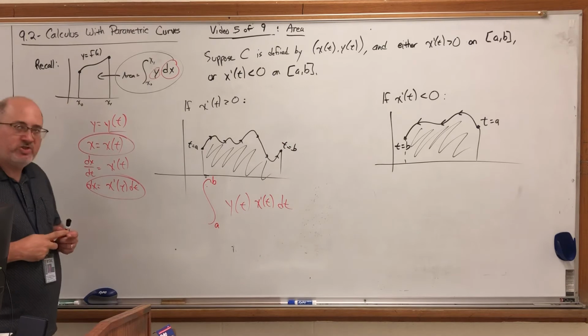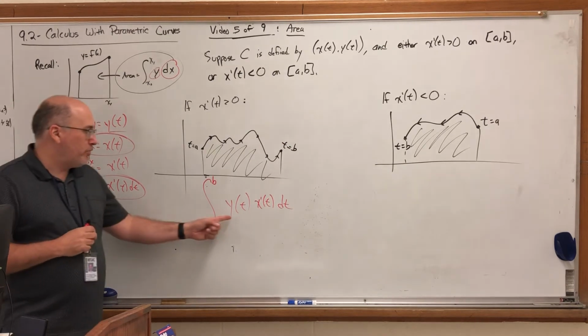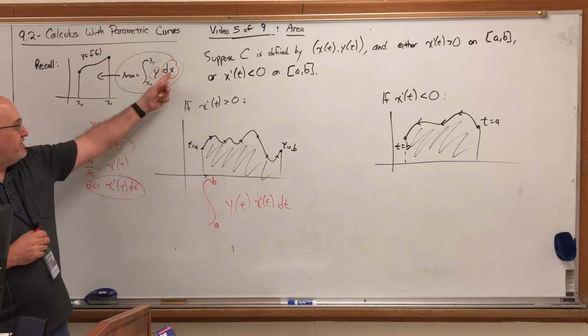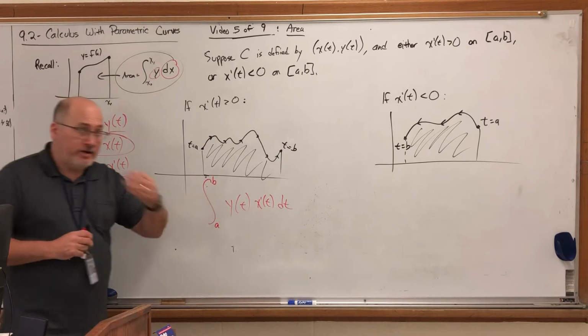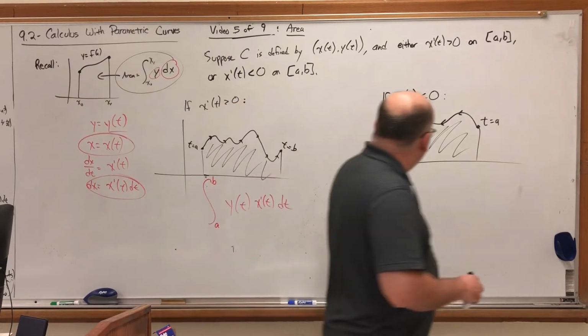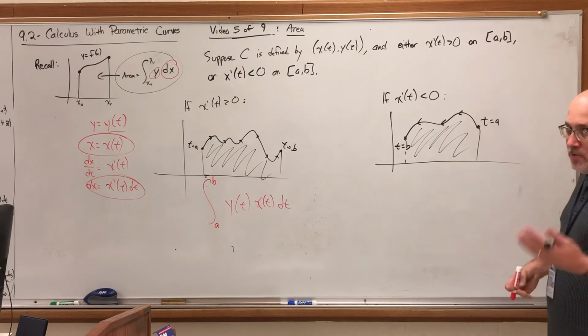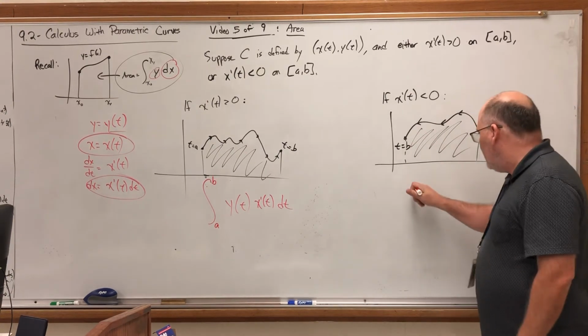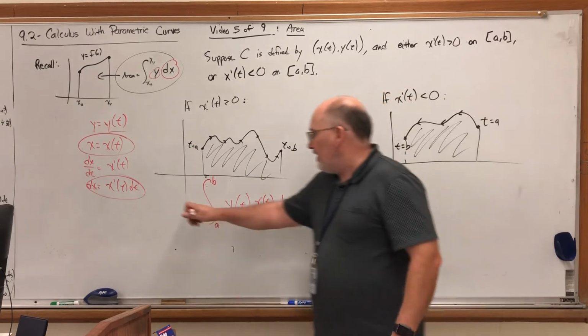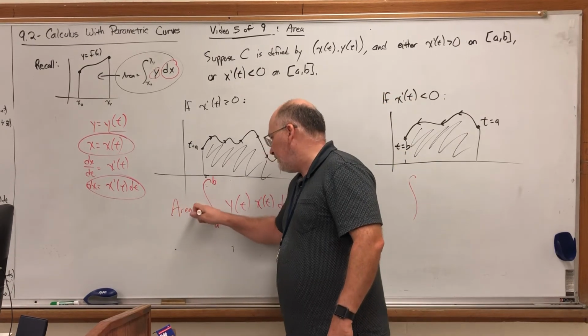So it's almost like just a substitution. Replace y with what it equals, replace dx with what it equals. And in the case that the derivative of the x is negative, so that the curve is being traced out from right to left, it's almost exactly the same thing. I meant to write area equals in front of this.